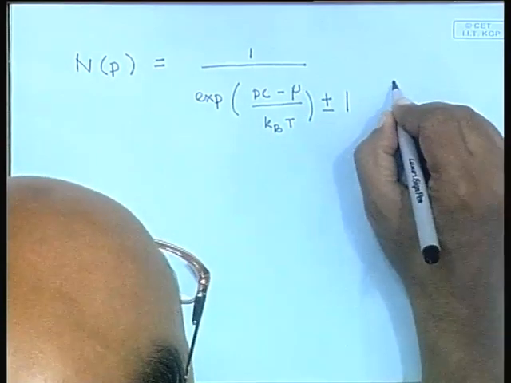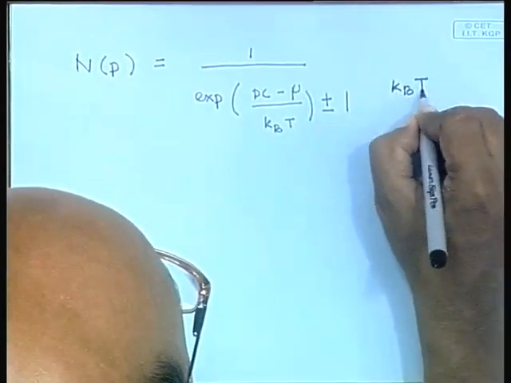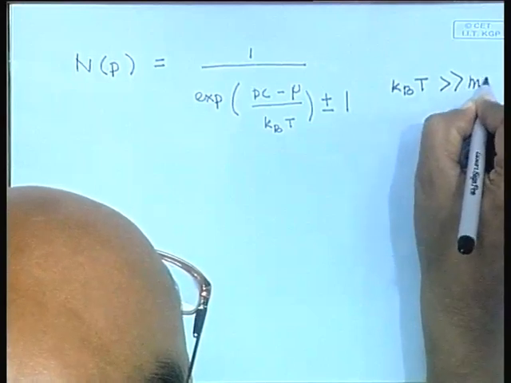So this is when kBT is much greater than the rest mass.